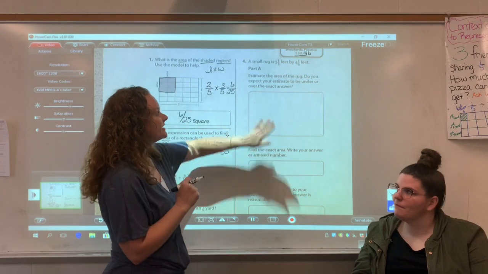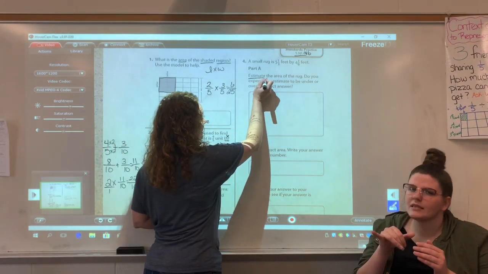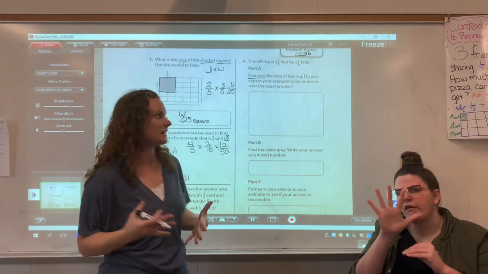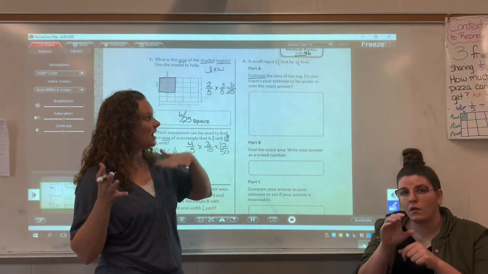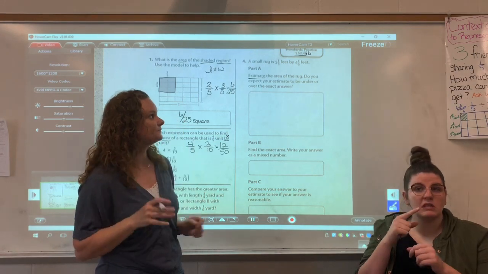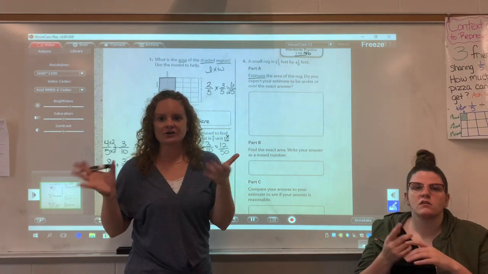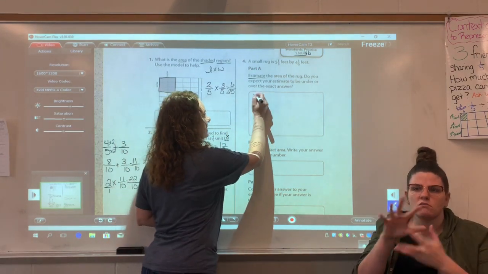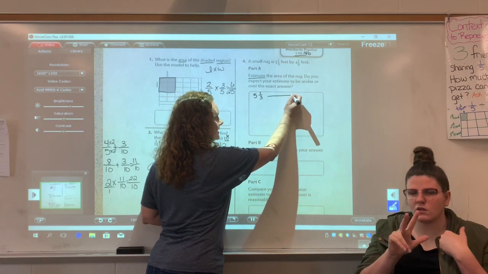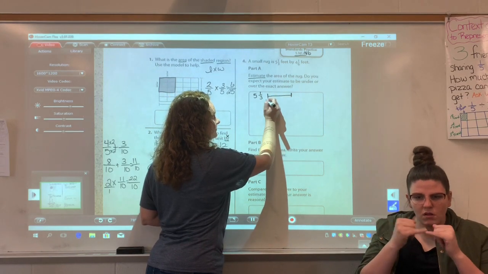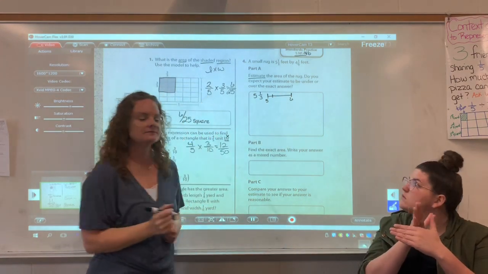All right, this one here is talking about estimating. We're estimating the area of the rug. Do you expect your estimate to be under or over the exact answer? So I'm going to look at each one of these mixed numbers like they're on a number line. I have 5 and 1/3, and if I put that on a number line, it would be in between 5 and 6, closer to this end here.